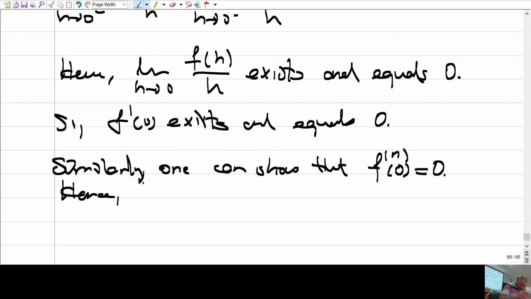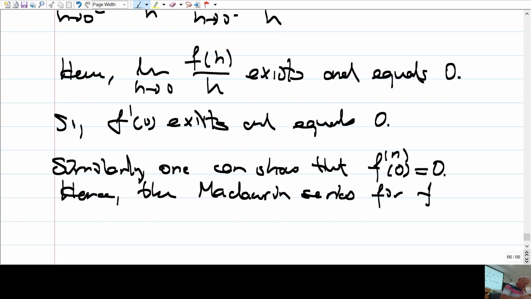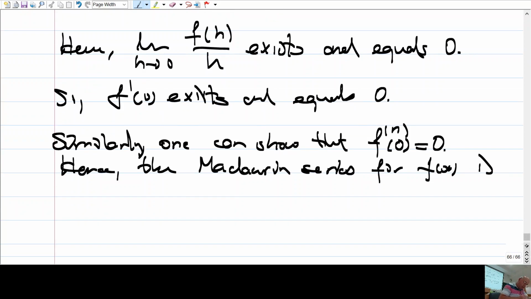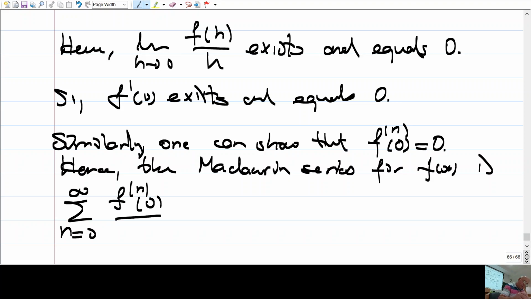Hence the Taylor series, the Maclaurin series for this function f of x is what? Well, it was this: the nth derivative at 0 divided by n factorial times x to the power n.